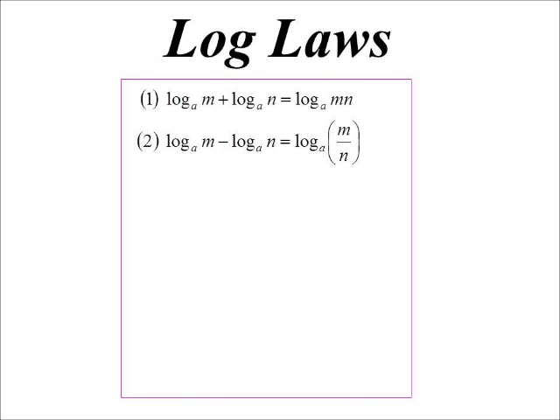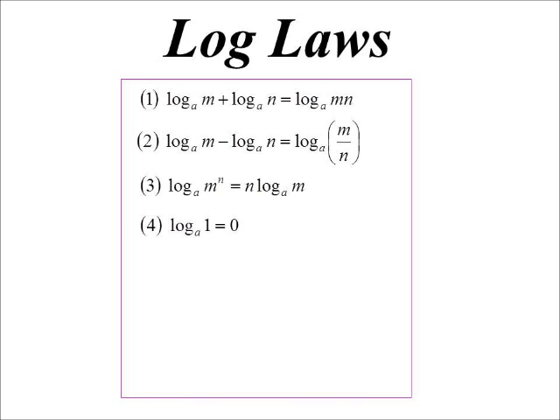Now this is also similar to something else that we've seen. Yeah, it's very similar to arguments. The log of m to the power of n will be n lots of log m. Again, that's similar to arguments. If we were finding the argument of z to the power of n, we'd have n lots of argument of z.